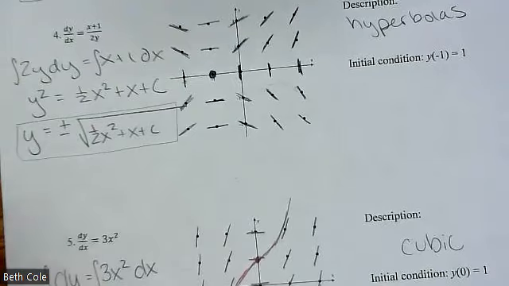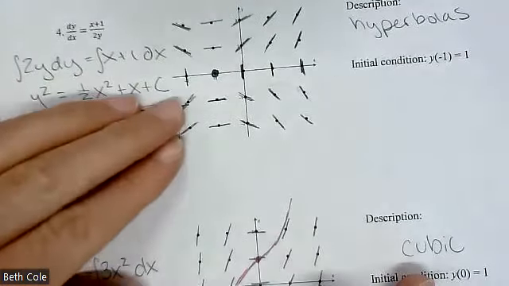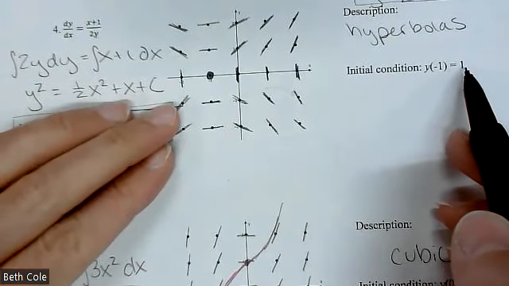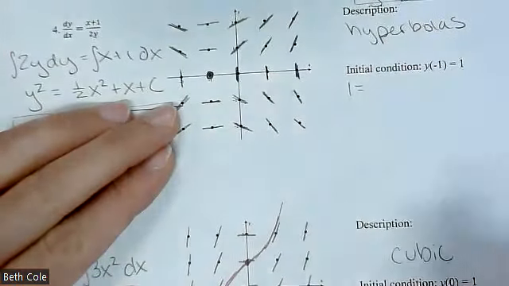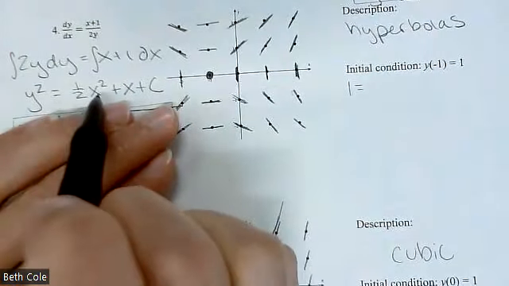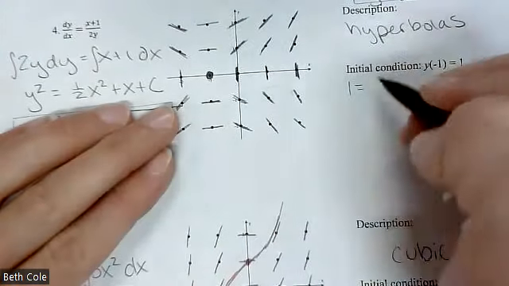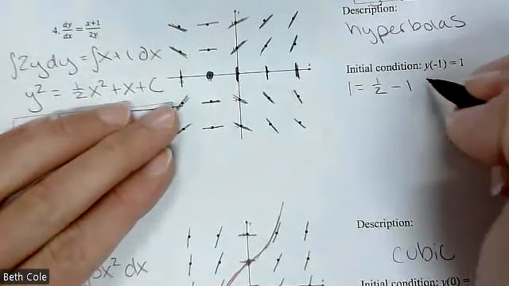And then when you go to find one particular solution, I'm going to cover that up because we ended up messing around with it. We're going to plug in -1 for x, +1 for y over here. So that would give us 1 equals, all right, if x is -1, -1 squared would just be 1 times a half would be a half, -1 plus c.